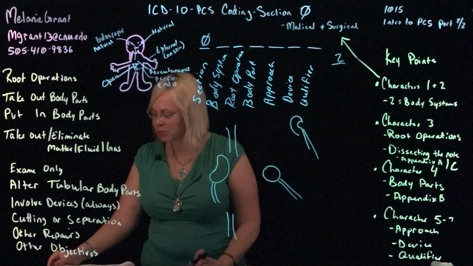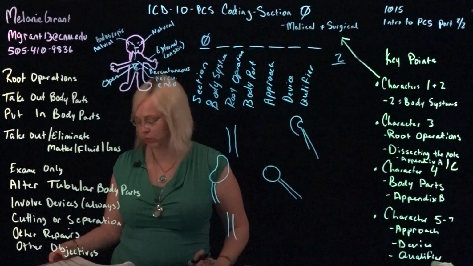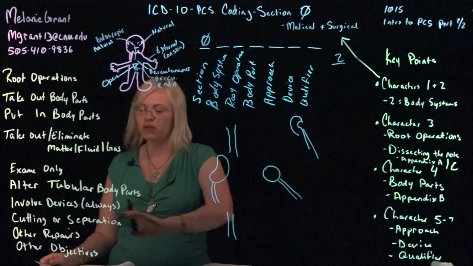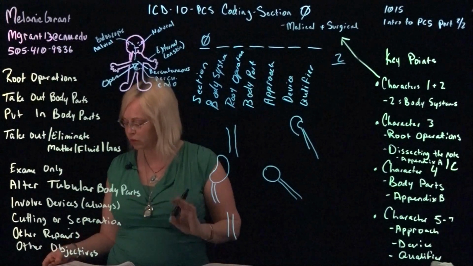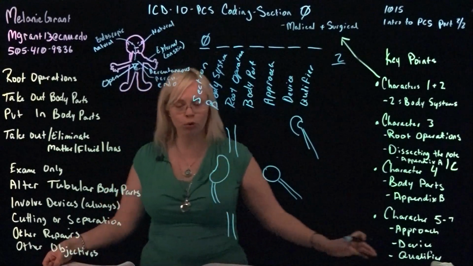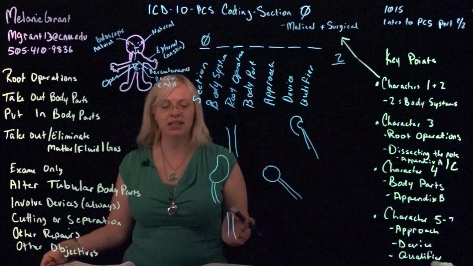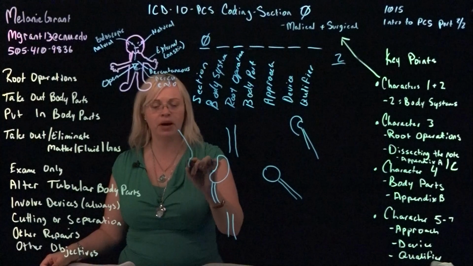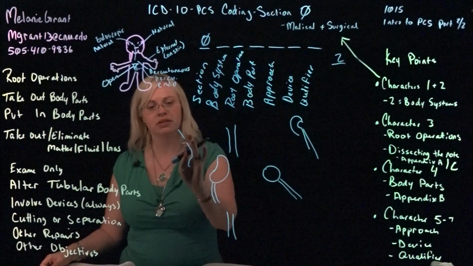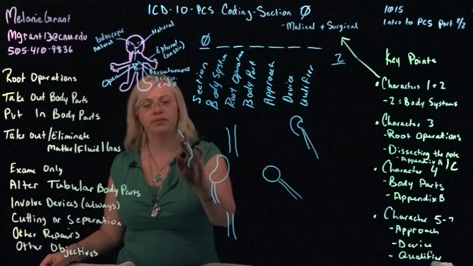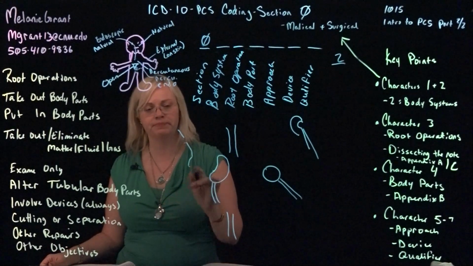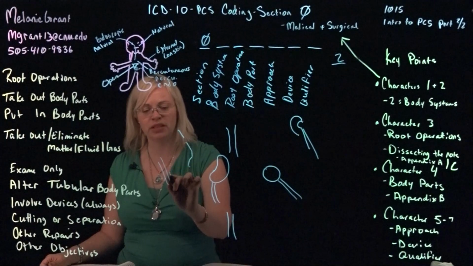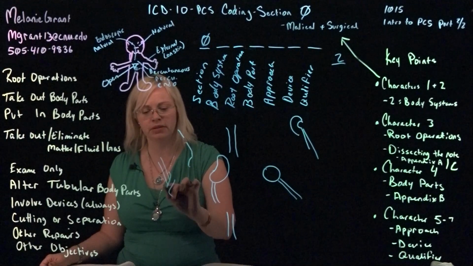Our last three, we have procedures that involve cutting or separation only, other repairs, and other defined objectives. For cutting and separation only, we have two root operations, division or release. This is basically where we have something either dividing a body part, where we cut it and have two separate pieces, or we're releasing something that's being obstructed by a body part.